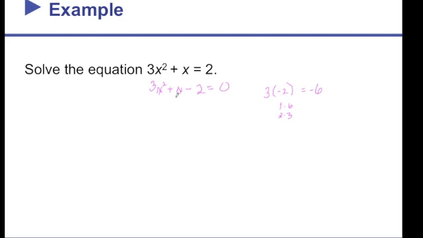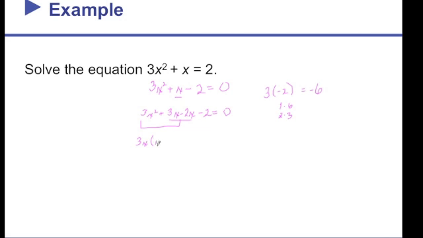So I separate this middle term x. I'll keep the 3x squared. I separate that into a 3x minus a 2x, and still minus 2 equals 0. You can see that this, in place of the x, would still have the same value. And now I can take the first two terms and factor out the greatest common factor for those, which would be 3x.